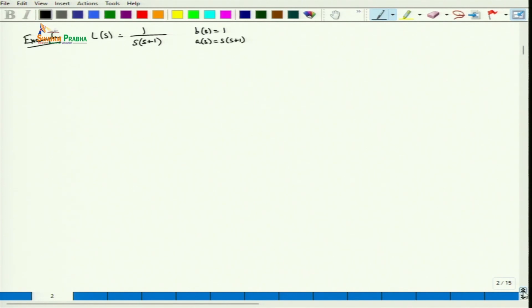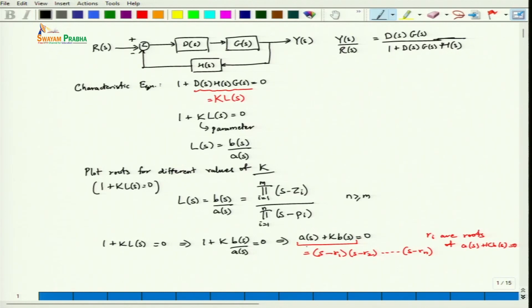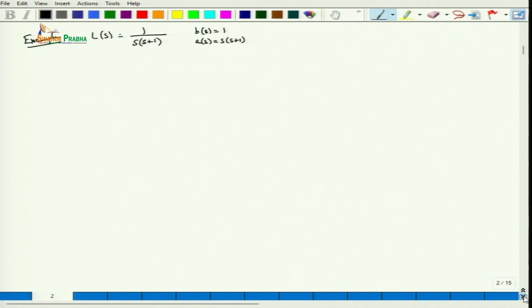Now if we go backwards, we are interested in finding the roots of A of s plus K into B of s. If we substitute, we will get s square plus s plus K is equal to 0. So we are interested in finding the roots of this particular equation.